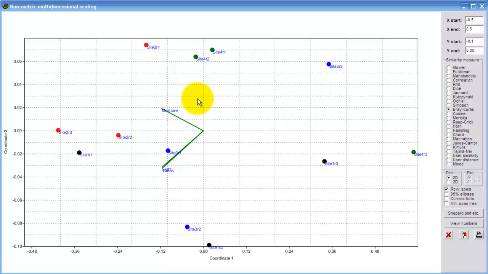Now let's go back and have a look here at the vectors. You'll see they're pointing in the same general directions as from the PCA, but switched around left to right, and that's another clue that this graph is flipped compared to the PCO and the PCA.